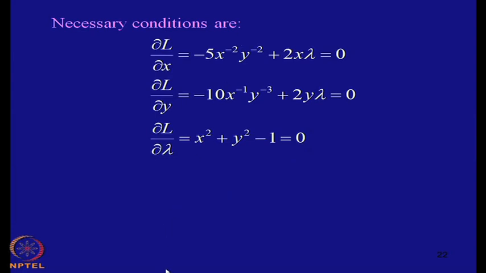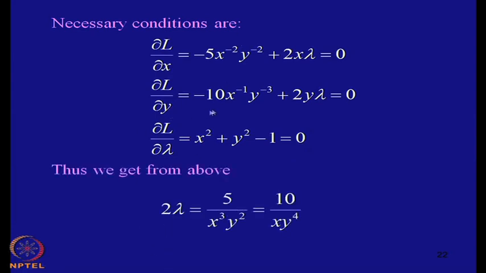Now, we have 3 equations and 3 unknowns. From the first 2 equations we will express lambda in terms of x and y, and substitute those values in the third equation. We will get the corresponding value of lambda and in sequence the values of x and y.